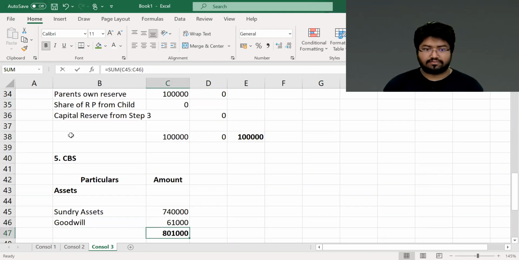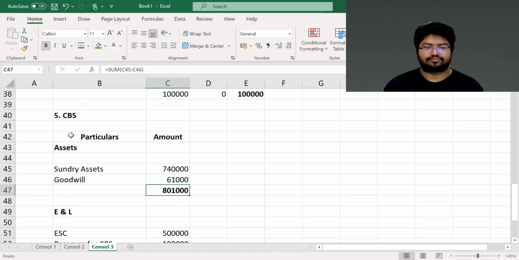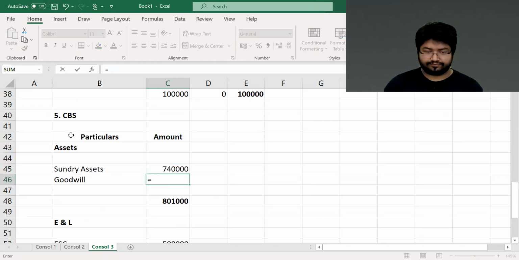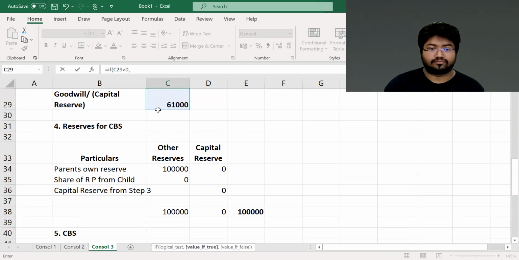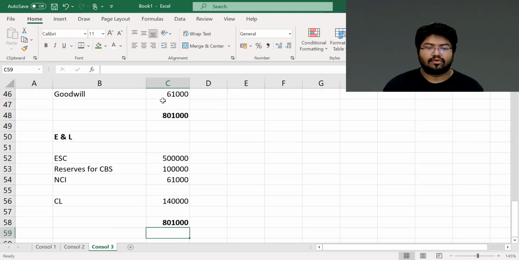Goodwill is 61,000. So both the places, that's it.